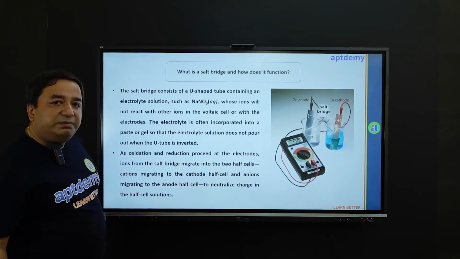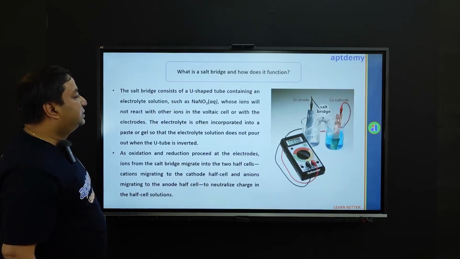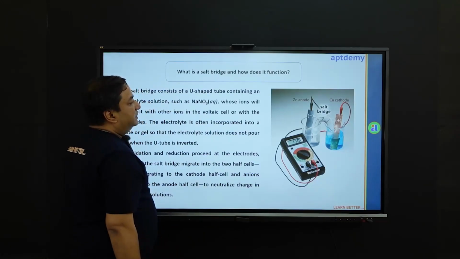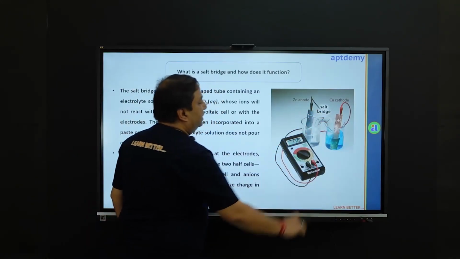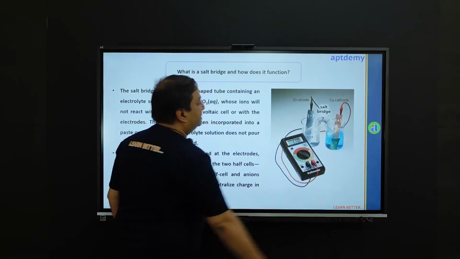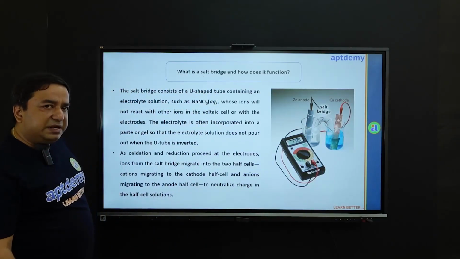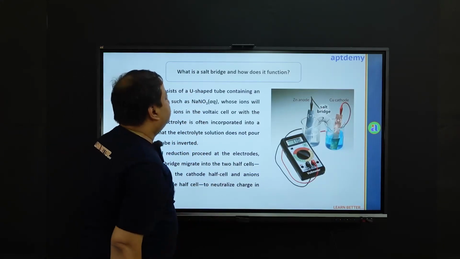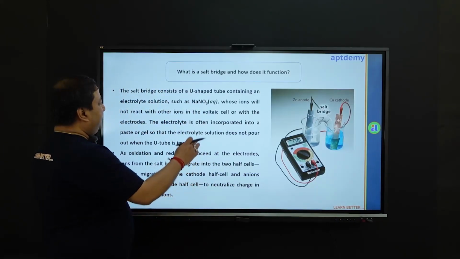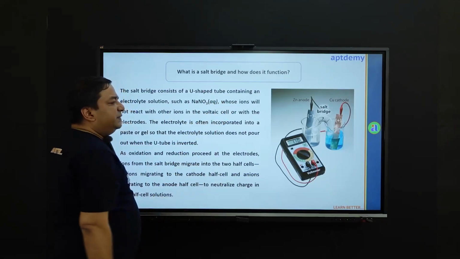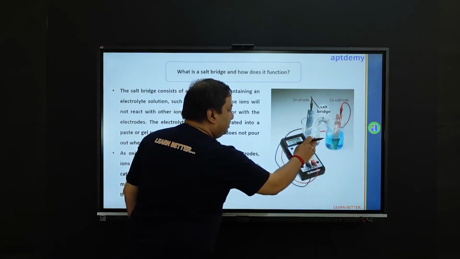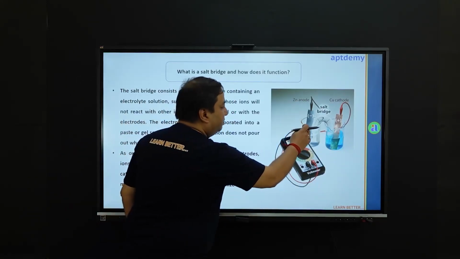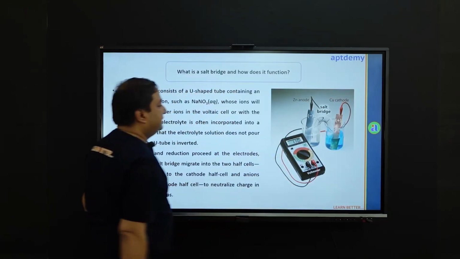Now, what is a salt bridge and what is the function of the salt bridge? So a salt bridge is basically a U-shaped tube, and this U-shaped tube contains a very strong electrolyte such as potassium nitrate or ammonium nitrate or sodium nitrate, okay? And these ions will not be reacting either with the electrolyte present inside these two half cells or with the electrodes present in these two half cells.